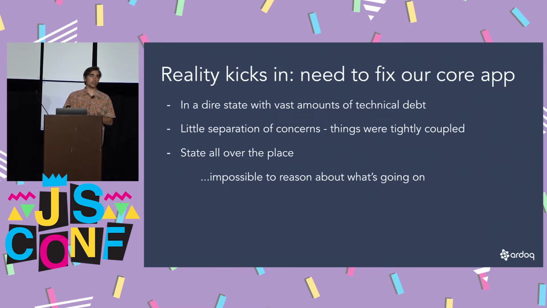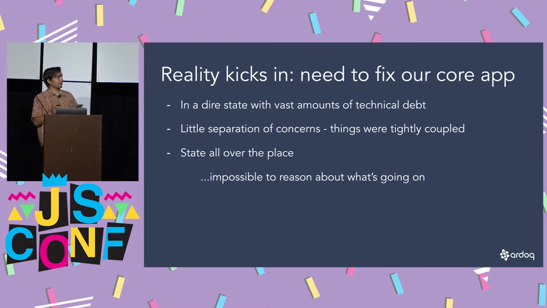We had a new colleague join 2 years ago, and he said that our app basically showcased the history of web development. It had a mix of jQuery, Backbone, handlebars, React, Redux, like all the good stuff for the bad stuff. So it's really hard to reason about what was going on.